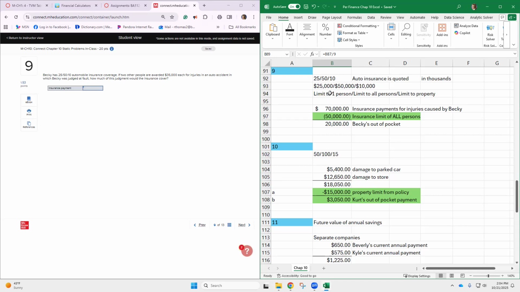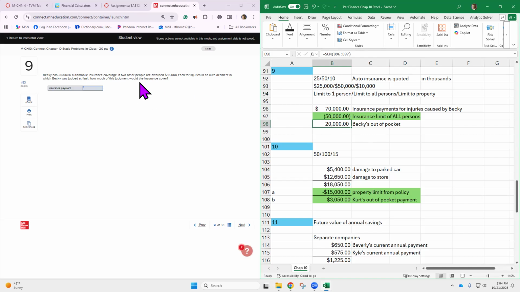So it's really 25,000, 50,000, 10,000. And then here are each of the 3 categories. The limit that they'll pay for one person's injuries, the limit of all people's injuries, and then finally property. Okay. So Becky's out of pocket.